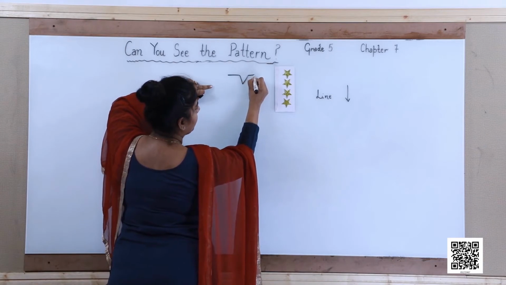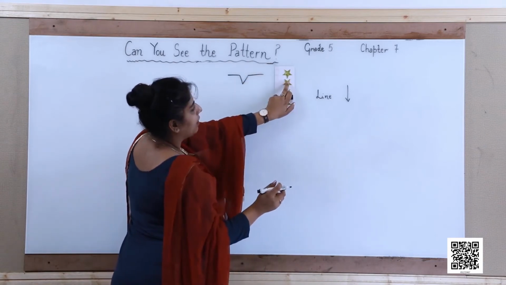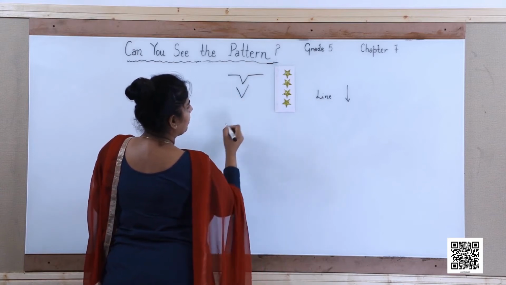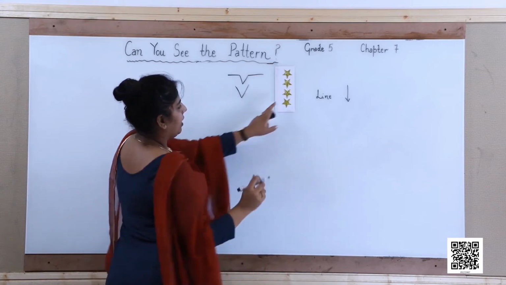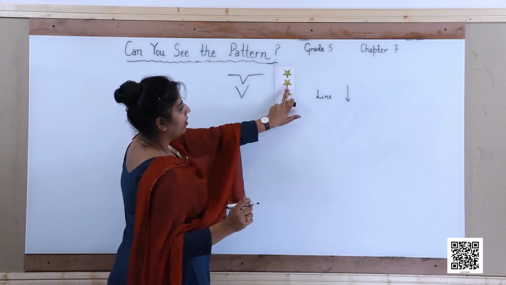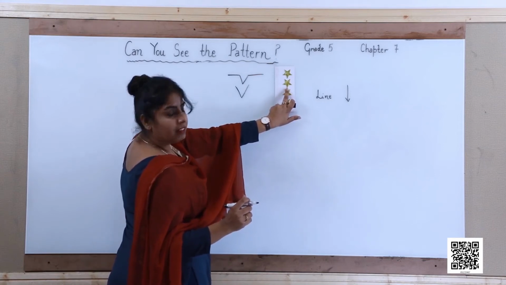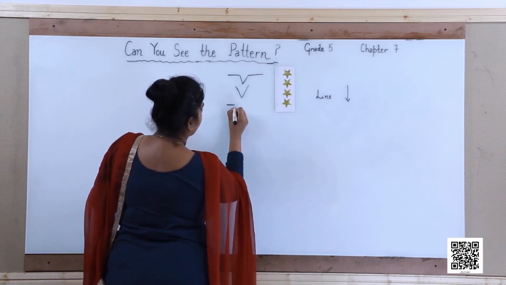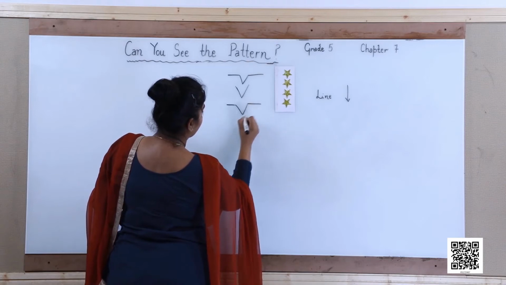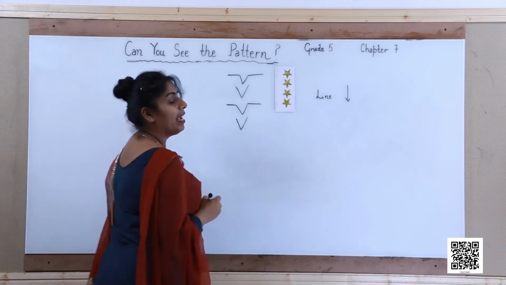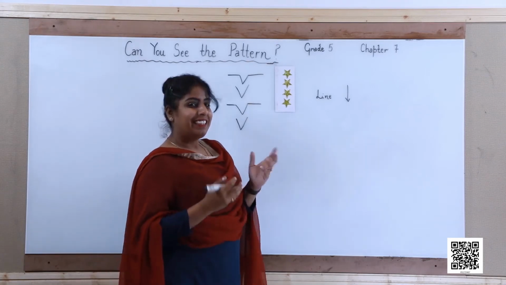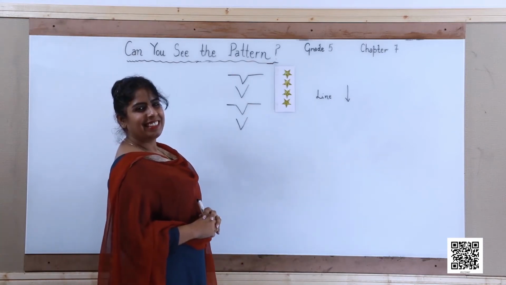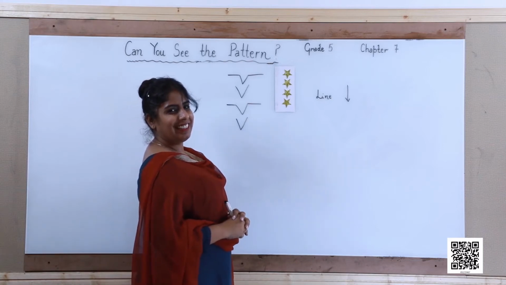This shape of the star is followed by the V shape of the next star, like this. Can you see? Again, this pointed edge of this star and the next one again has the V thing. So this again goes like this. Can you see the pattern? Of course you can see.